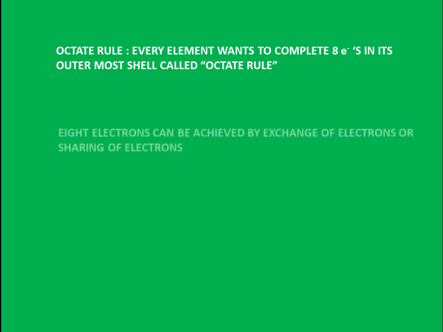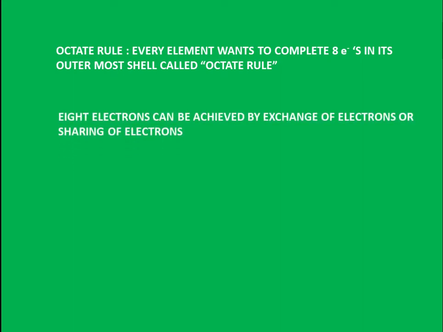You can see here that 8 electrons can be achieved by exchange of electrons or sharing of electrons. If atoms exchange electrons, then the type of bond formed must be ionic.